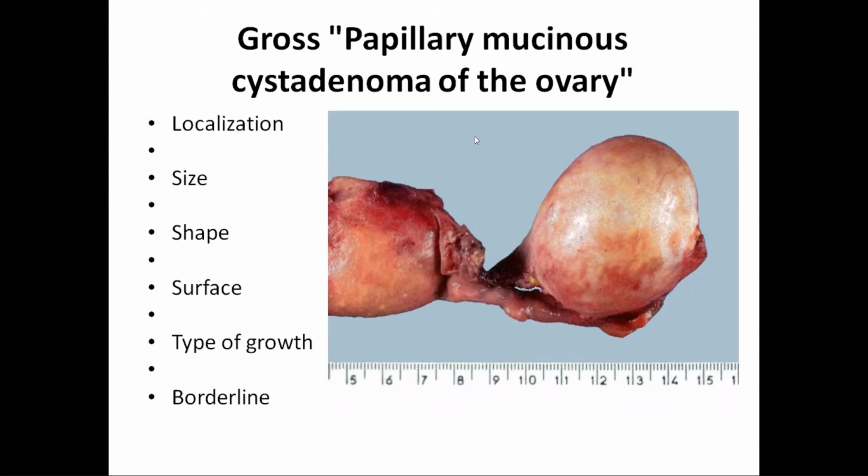Shape round and oval. Surface smooth. Type of growth inside the wall and expansive. This is a benign tumor, with the suffix oma. Borderline prominent.